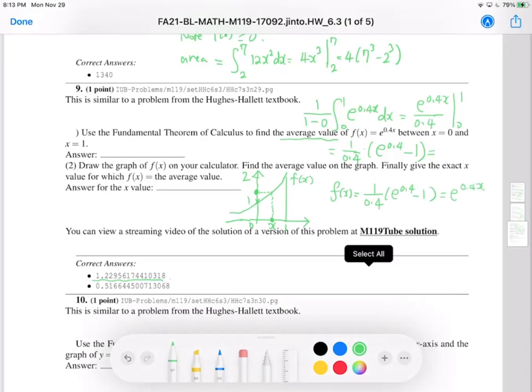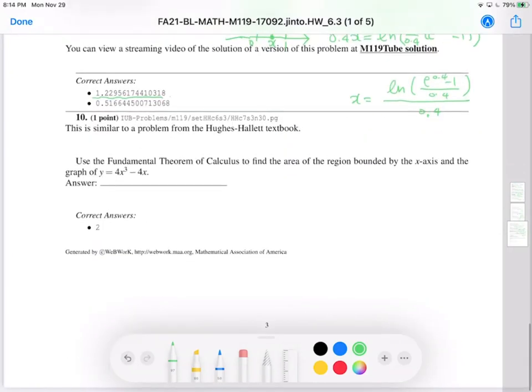So take the log, then 0.4x equals natural log of 1 over 0.4 times e to the 0.4 minus 1. Okay, so x equals ln of this value divided by 0.4. Then simplify. Okay. The last one, number 10.